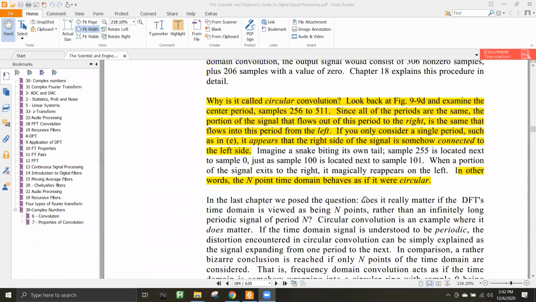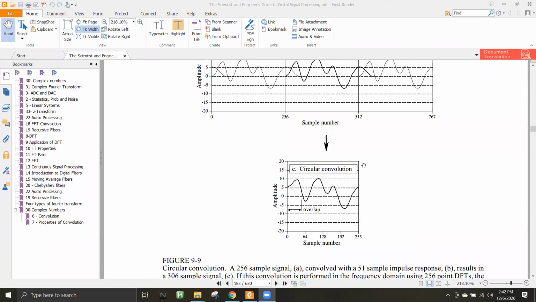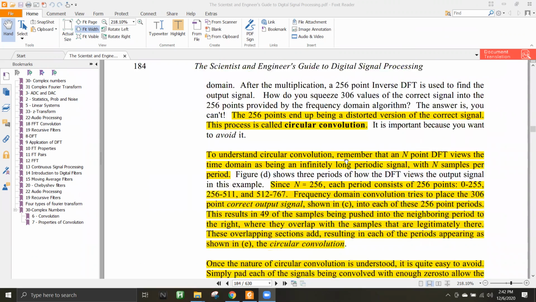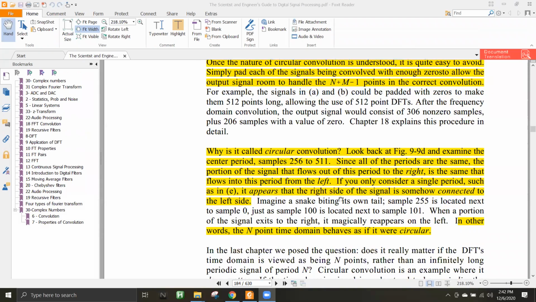So this is what is said here, how we get rid of this. And now we also come to the theoretical aspect of why we are calling it circular convolution. If we look back at this figure, that is 99D, this one, I've already said why we are calling it circular convolution, but now let's clear it out in terms of theory. If we examine that, we'll see that all of the periods are the same.